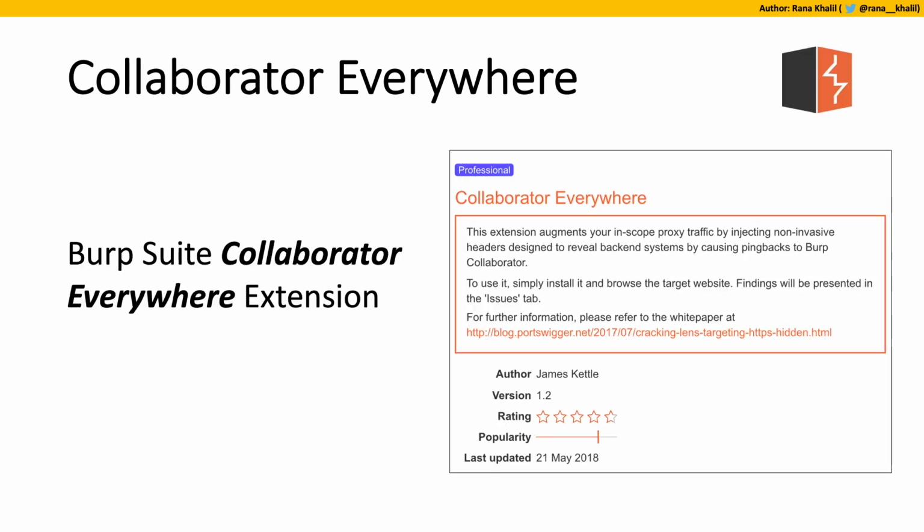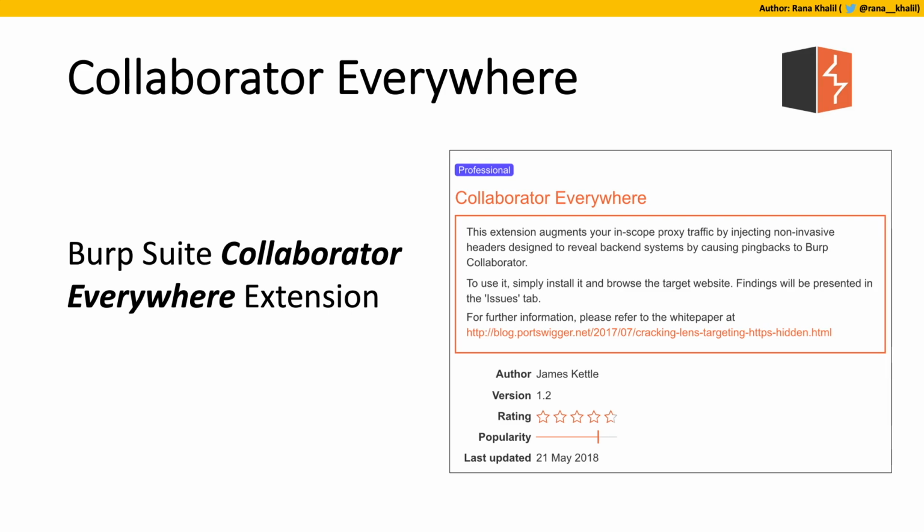Alright, there's a really nice extension in Burp called Collaborator Everywhere that is created by James Kettle. It automates the discovery phase of blind SSRF vulnerabilities or other blind vulnerabilities. The way it works is you put the application you're testing in scope, and while you're mapping the application by visiting different pages, this extension is going to inject non-invasive headers that are designed so that they reveal if an application is vulnerable to blind vulnerabilities, such as blind SSRF vulnerabilities.